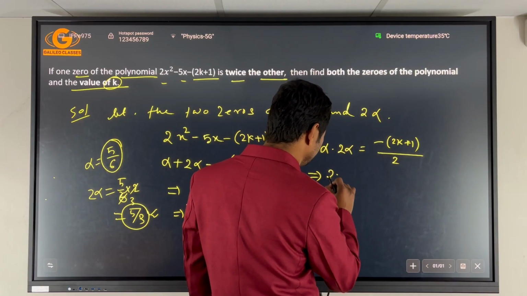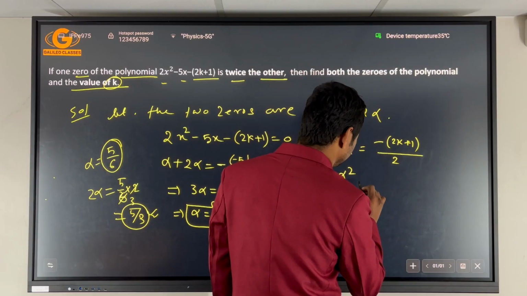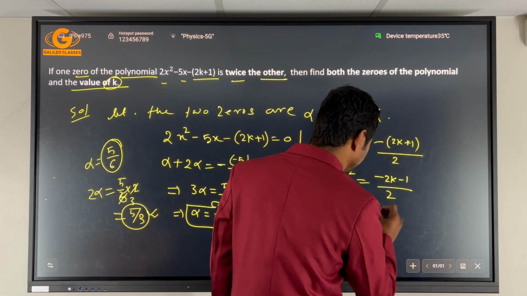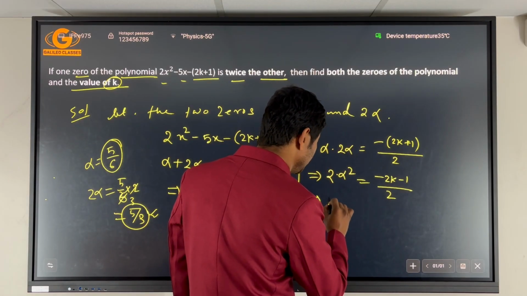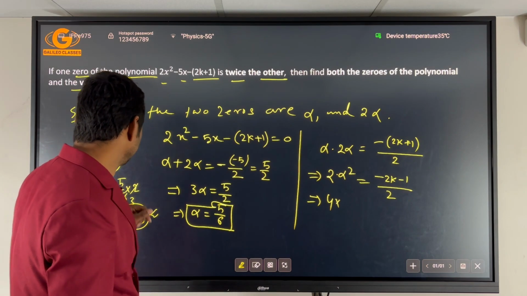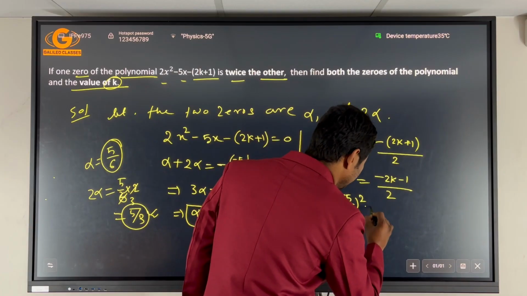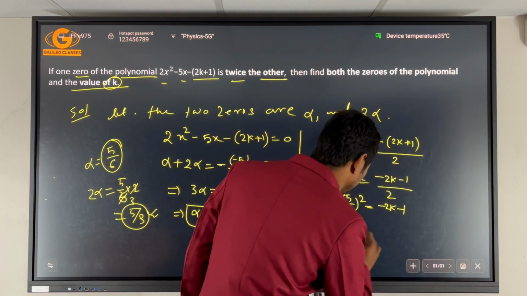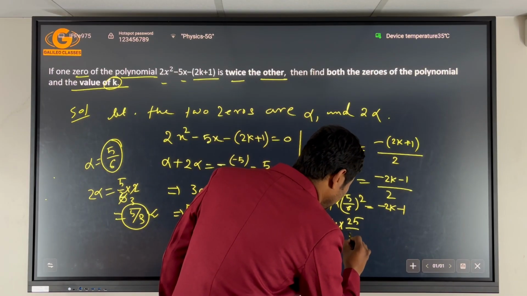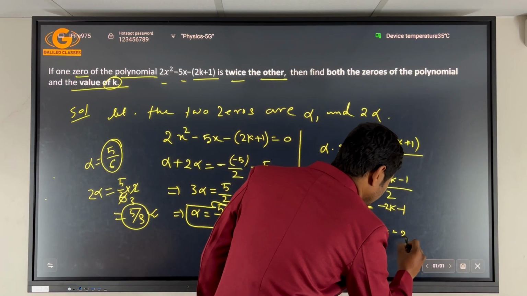Then, putting the value of alpha, 2 alpha square is equal to minus 2k minus 1 by 2, and here it will be 4 into alpha square. The value of alpha is 5 by 6 square, that is equal to minus 2k minus 1, and it will be 4 into 25 by 36 plus 1 is equal to minus 2k.